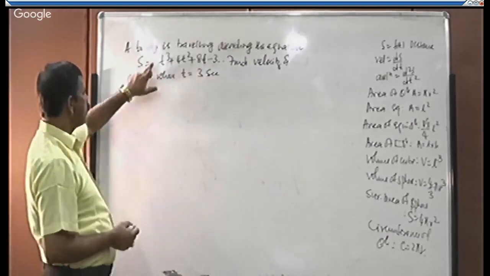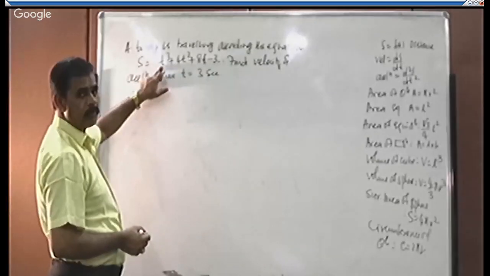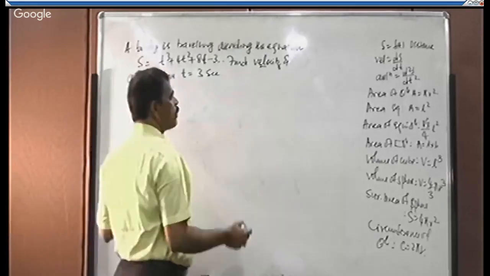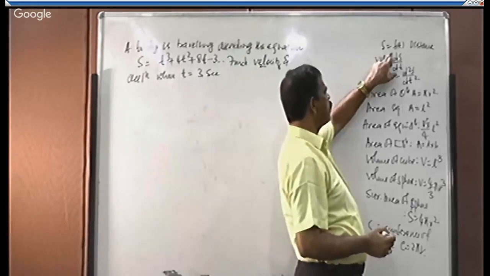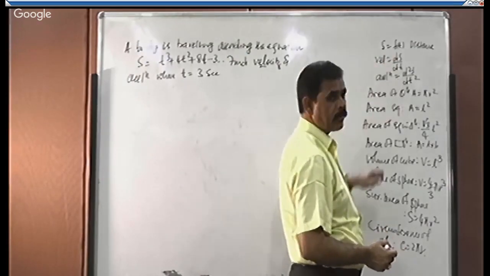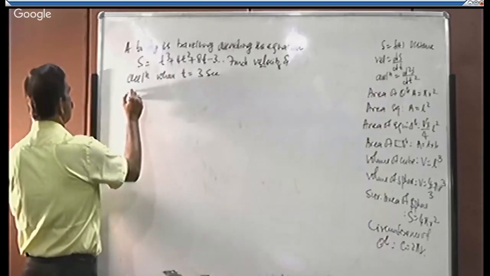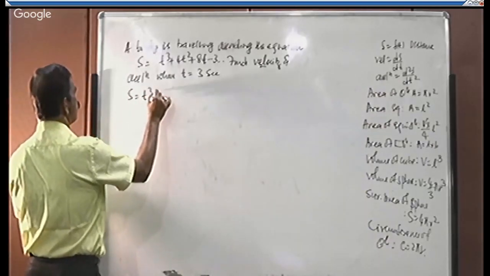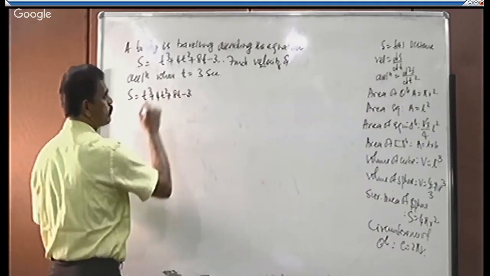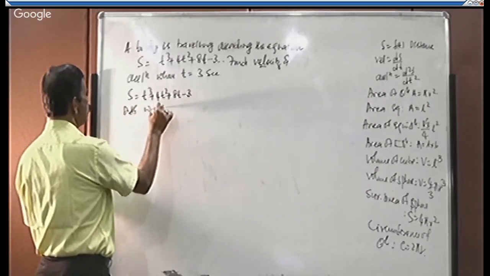They have given s. S is what? Distance covered by a body in a given time t. So how will you get velocity? By differentiating s, you will get velocity. After differentiating velocity, you will get acceleration. Okay. S is equal to t cube plus 4t square plus 8t minus 3. Differentiate with respect to t.